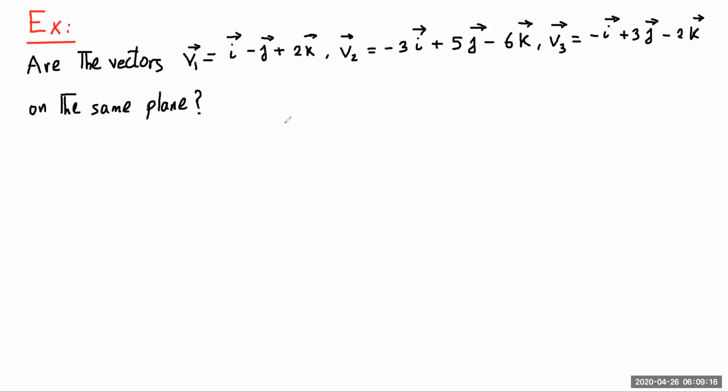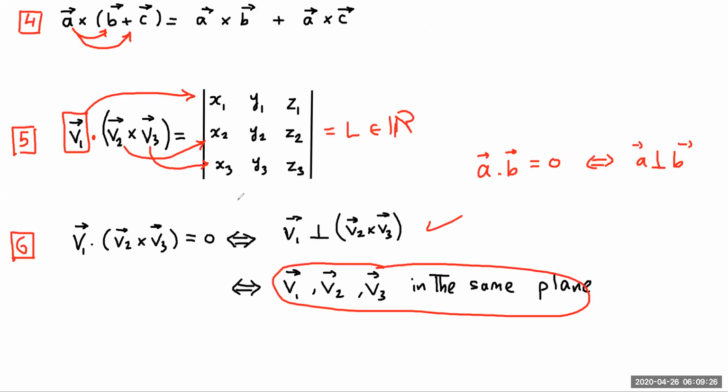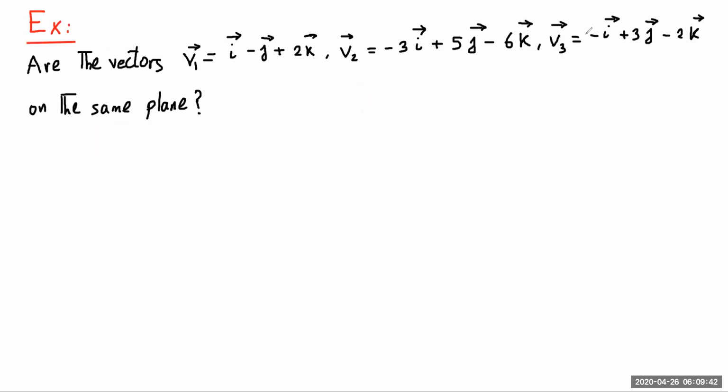The last exercise, are the vectors v1, v2, v3 on the same plane? You will use this formula here, that if this determinant here is equal to 0, so they are in the same plane. If it's not equal to 0, they are not in the same plane. So let's write the determinant.